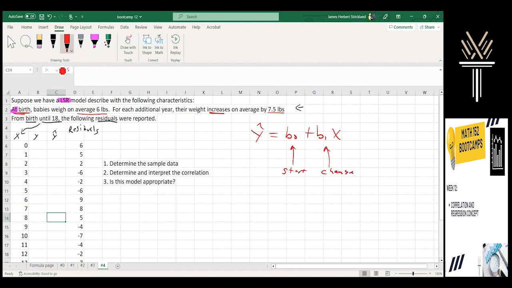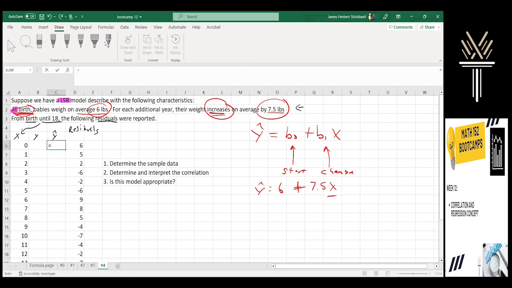Well, at birth, that's when we start, right? It's 6. So y hat starts at 6. Then how's it changing? Increasing, so plus. If it said decreasing, I'd put minus there. By 7.5. So it's changing by 7.5 per year. And now that we have our y hat, notice y hat only depends on x, and we know x, so we can actually fill in this row, that whole column, I should say.